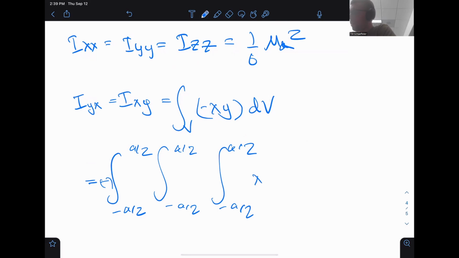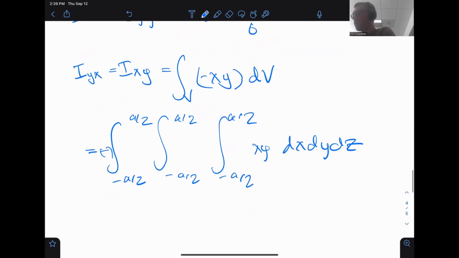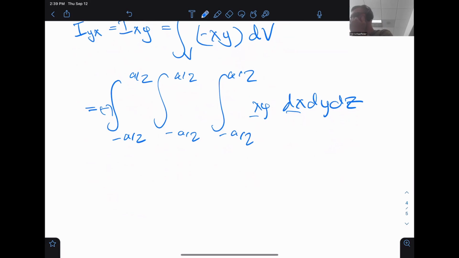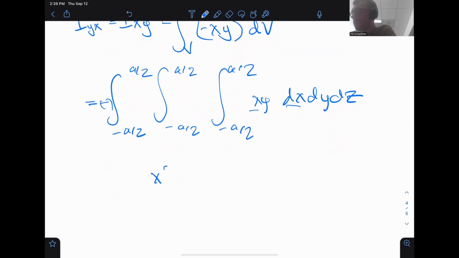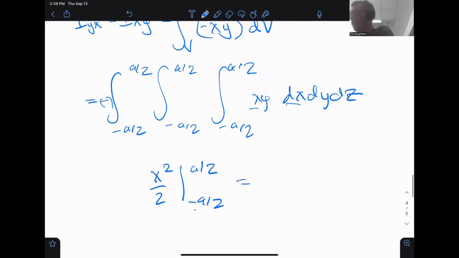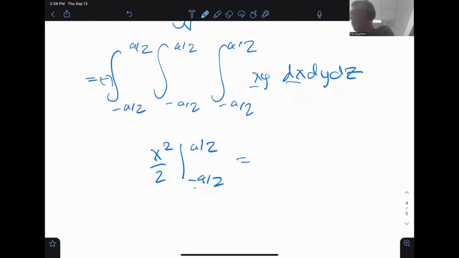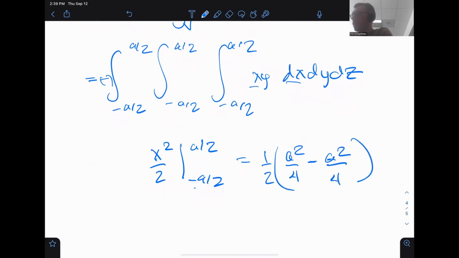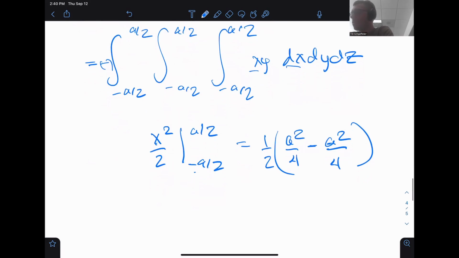And actually, we only have to do one of these integrals, because if you just take the inner integral, for example, you're going to get x squared over 2 integrated from minus a over 2 to a over 2. Well, when you square the negative sign, you're going to get the same. So it's 1/2 times a squared over 4 minus a squared over 4, which is equal to 0.